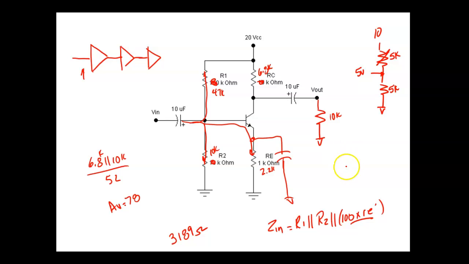We're going to set it. We're going to come over here and put a resistor right here. We're going to put a pot wired as a rheostat. I'm going to set it to 0 volts and I'm going to measure my output. So let's say it measures, what's it measuring right now? 560 millivolts.